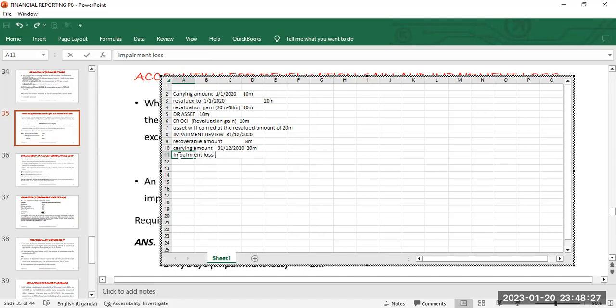And that impairment loss is a result of getting the 20 million less the 8 million, which will give us 12 million. And this 12 million is our impairment loss.